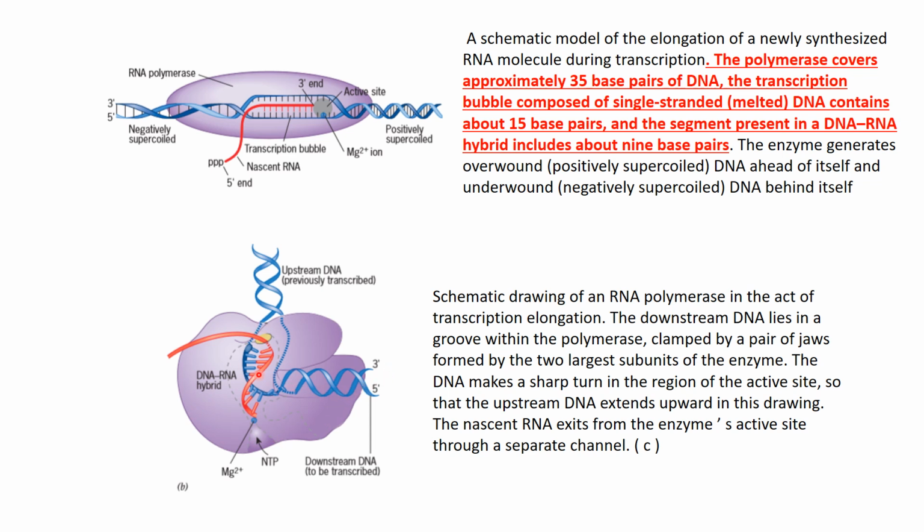This helix is entrapped in the jaws of this polymerase enzyme. This figure is entirely different from this figure. This figure shows how the RNA polymerase, the DNA and the mRNA are associated.